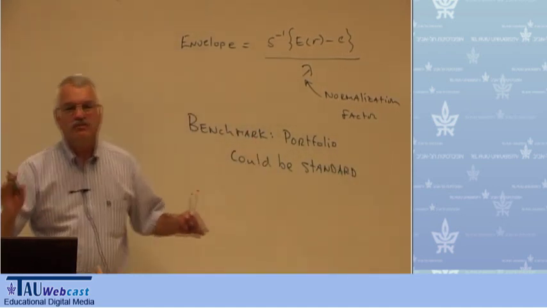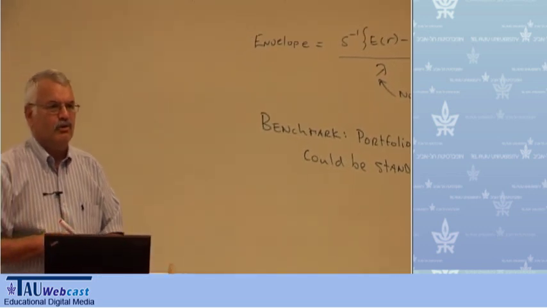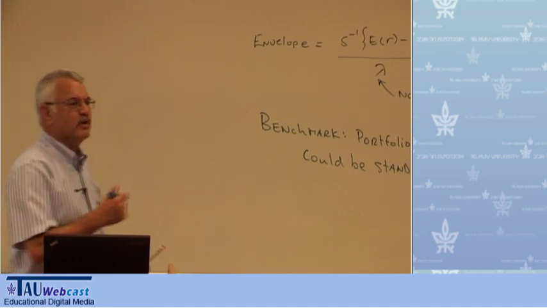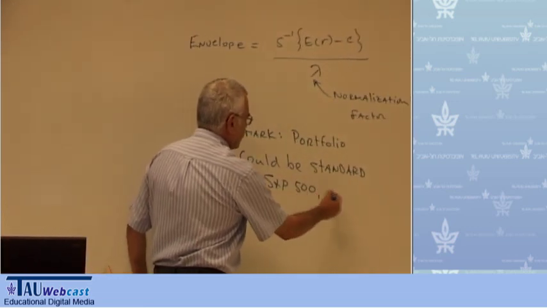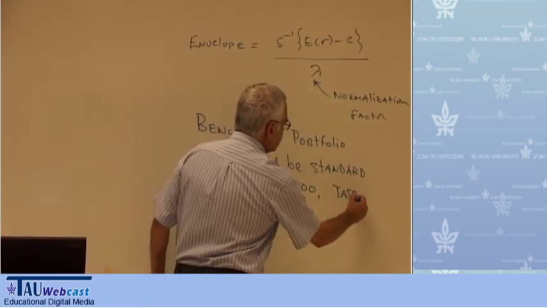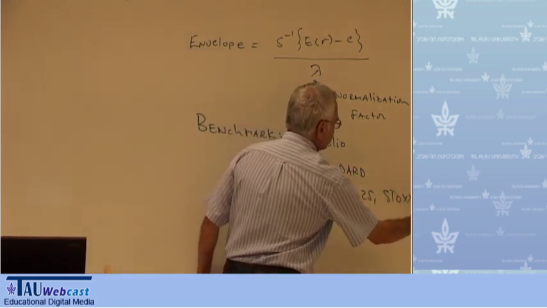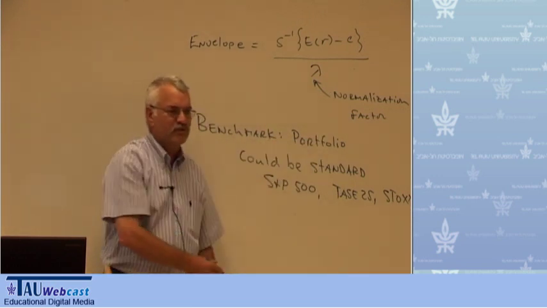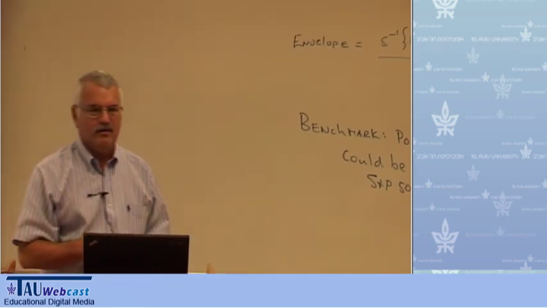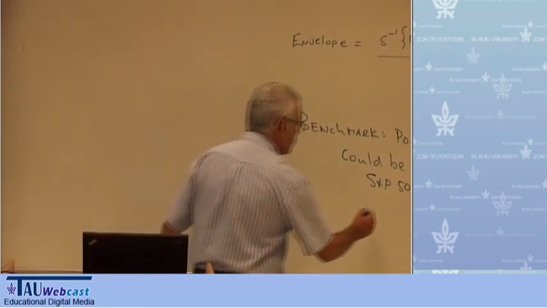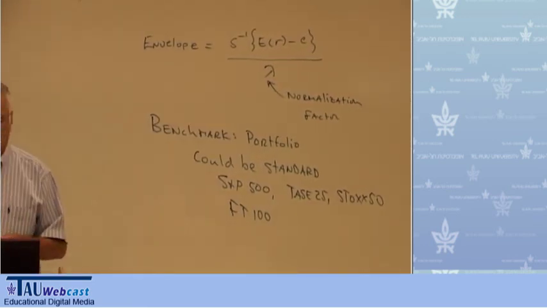I'm going to have very, very simple examples because I like these three or four asset examples, and I'll call those benchmarks. But think about things like the S&P 500 or the Tel Aviv Stock Exchange 25 or the Stocks 50, or you can make up your own, like the DAX. How many are in the DAX these days? I have no idea. The Financial Times 100. Think about one of these indices that way.